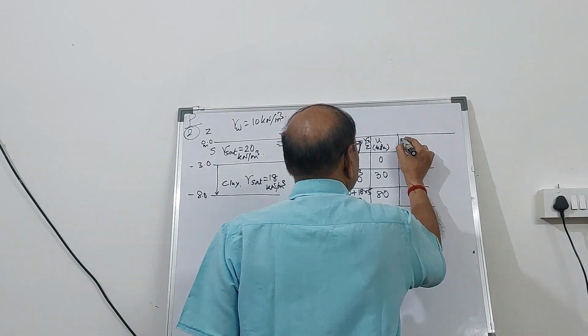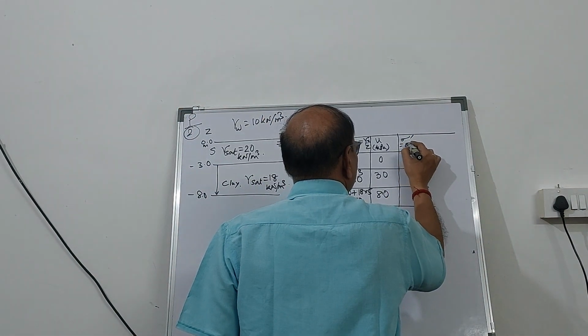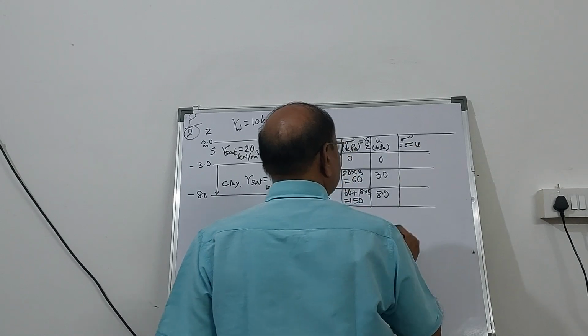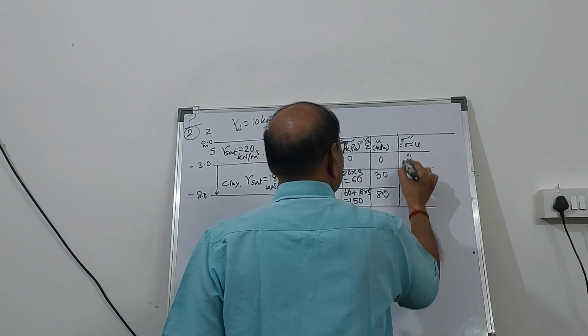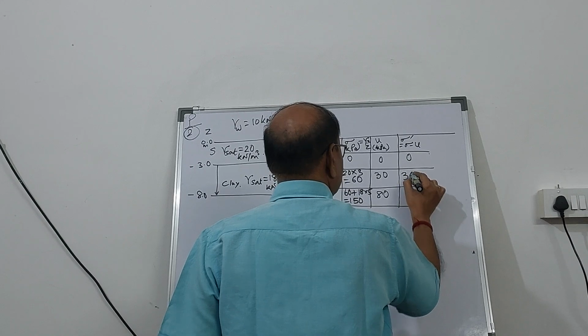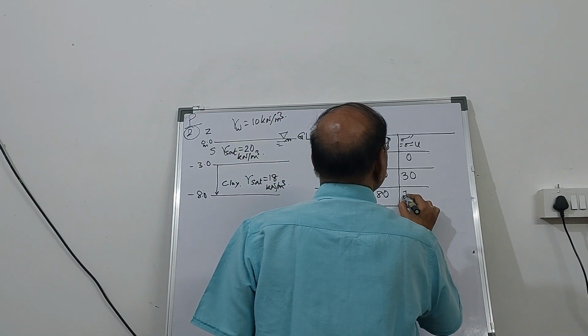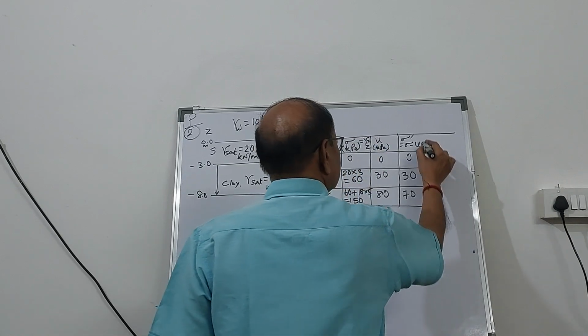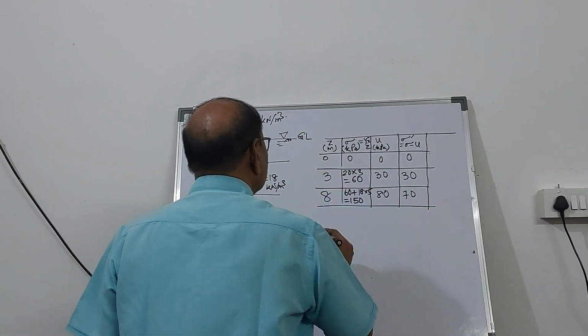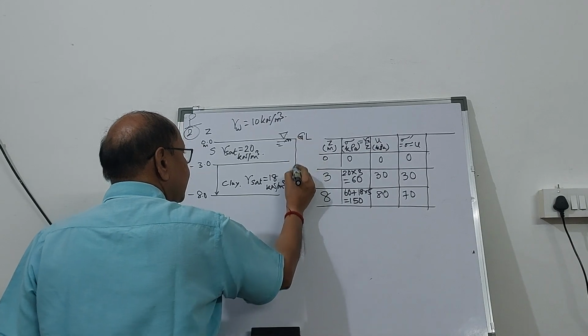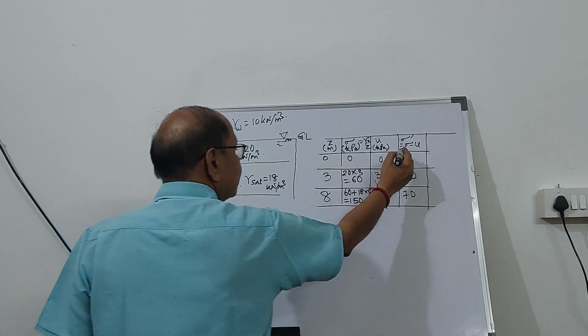Therefore, the effective pressure, equal to total pressure minus pore water pressure, is going to be 0, this is going to be 30, and this is going to be 70.